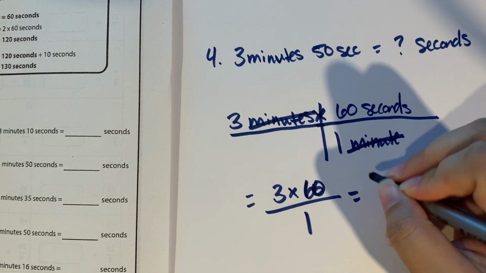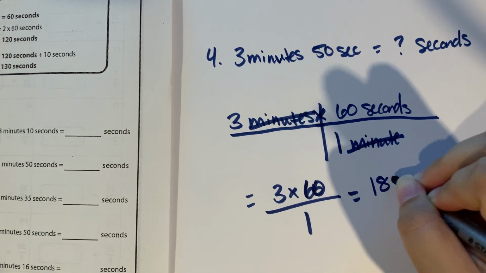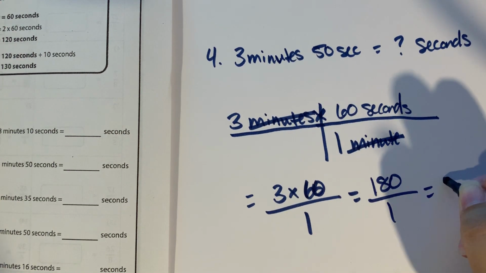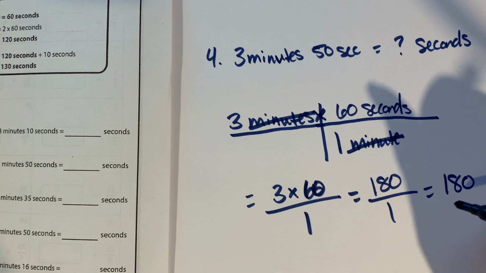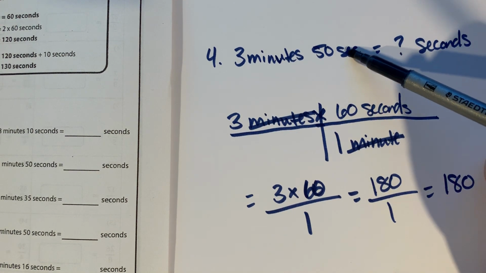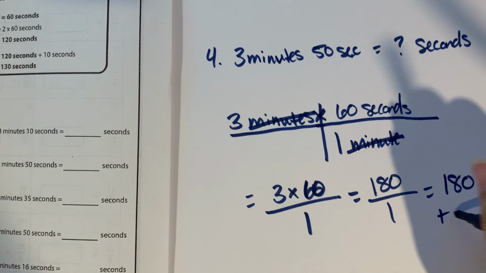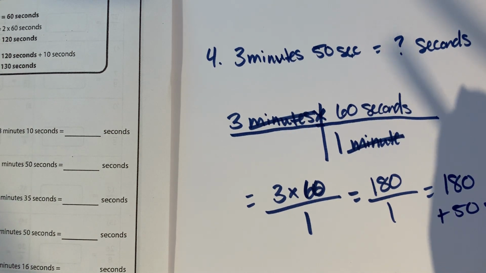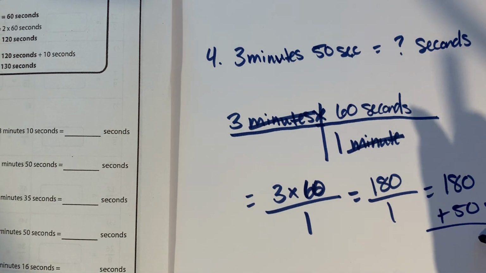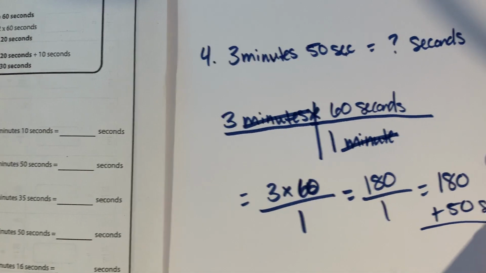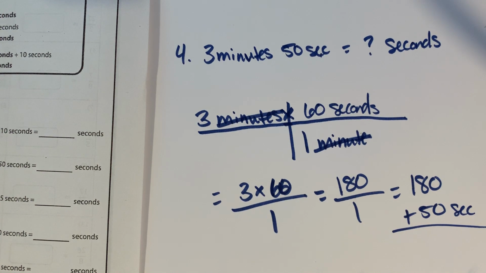You should be getting 180. Divided by 1, of course, it's going to be 180. Then you're going to add the 50 seconds from before: 180 plus 50 seconds. That'll give you your overall seconds.